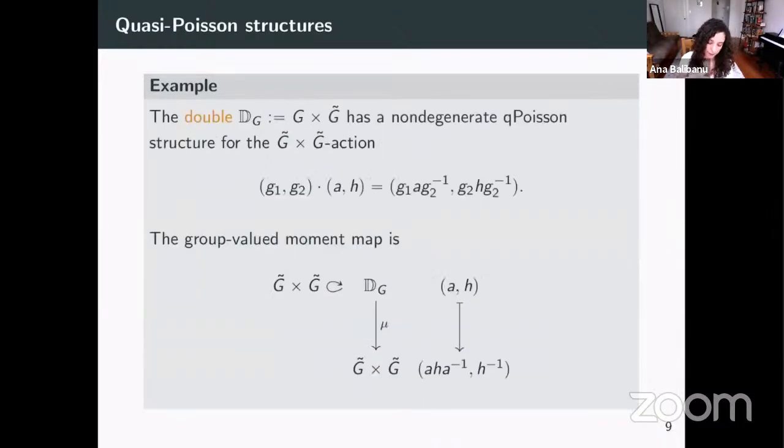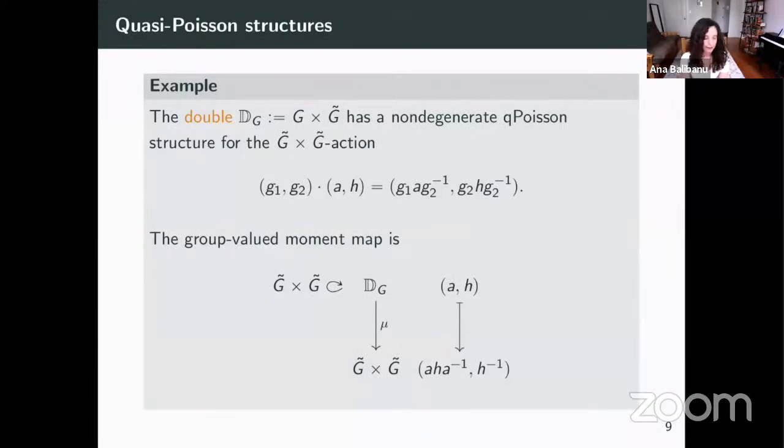Okay, so second example is what I call the double. This is the product of the group G and its simply connected cover. And it has a non-degenerate quasi-Poisson structure for the two-sided action of G tilde that's given here.